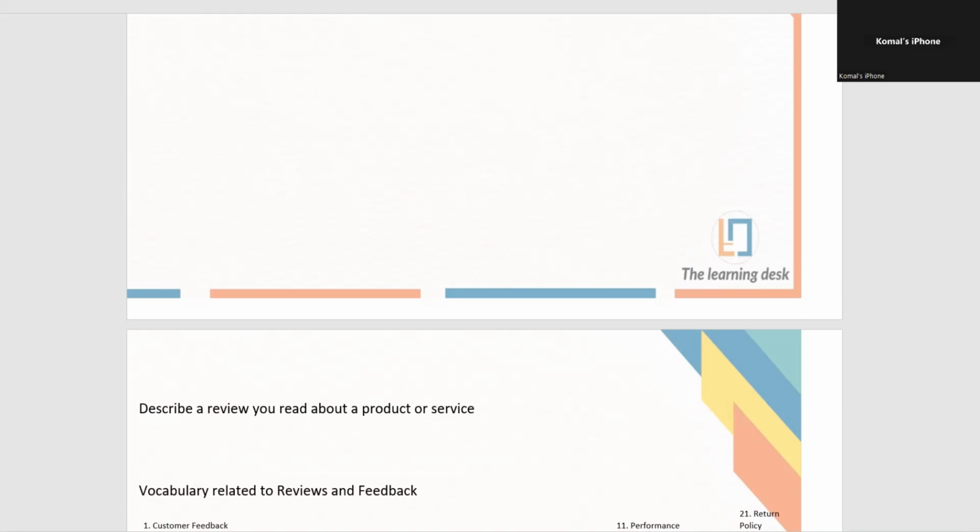So there were a few things about the dimensions of the monitors of different models, about the clarity of the monitor, about the connectivity with the laptops. These were all the points in the review.